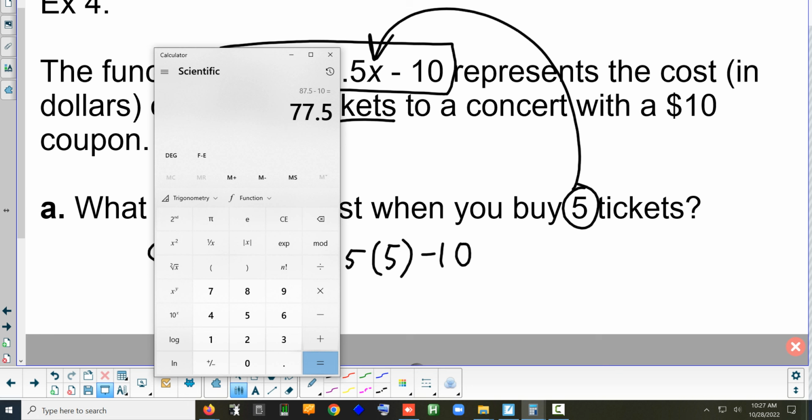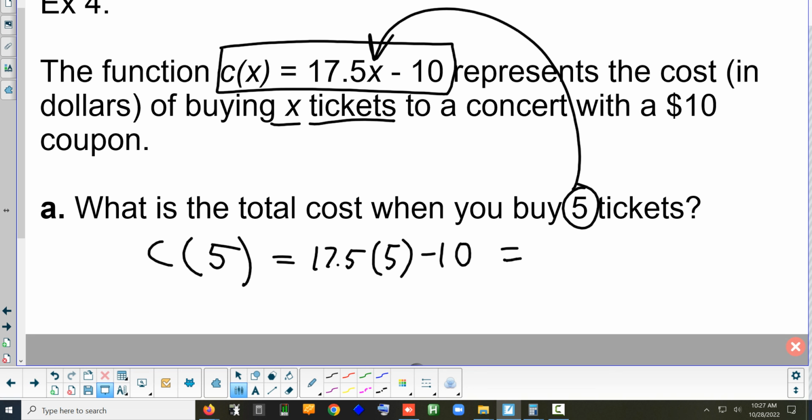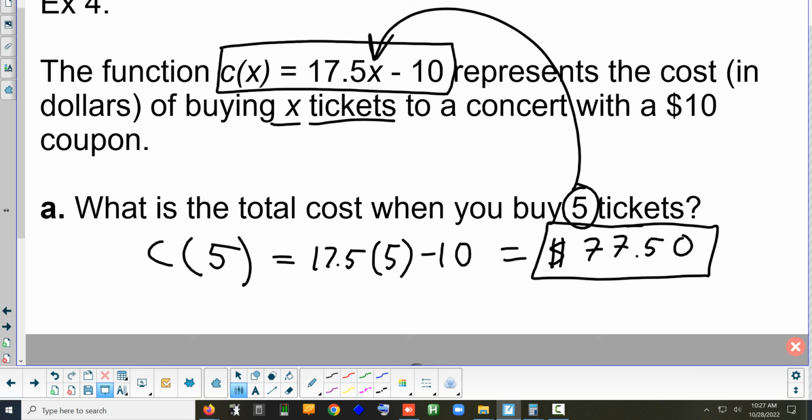There you go. So it's 77.5. When you write money, it's a little weird to write it like this. You don't really see a price that's 77.5. Usually we put the cents as a 2 decimal. So that's how you'd want to write the cost in this one. 77.50.